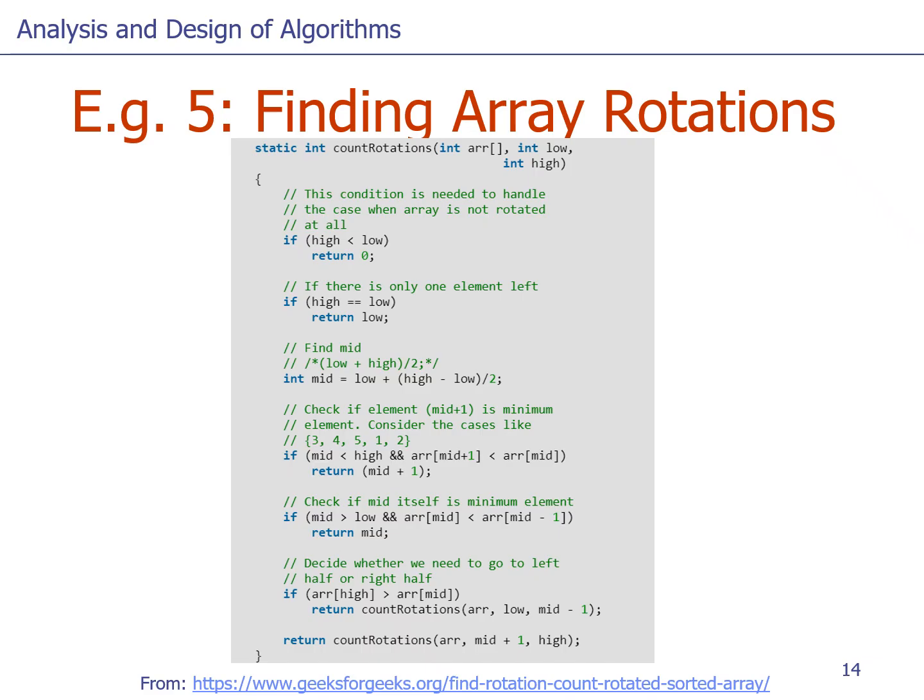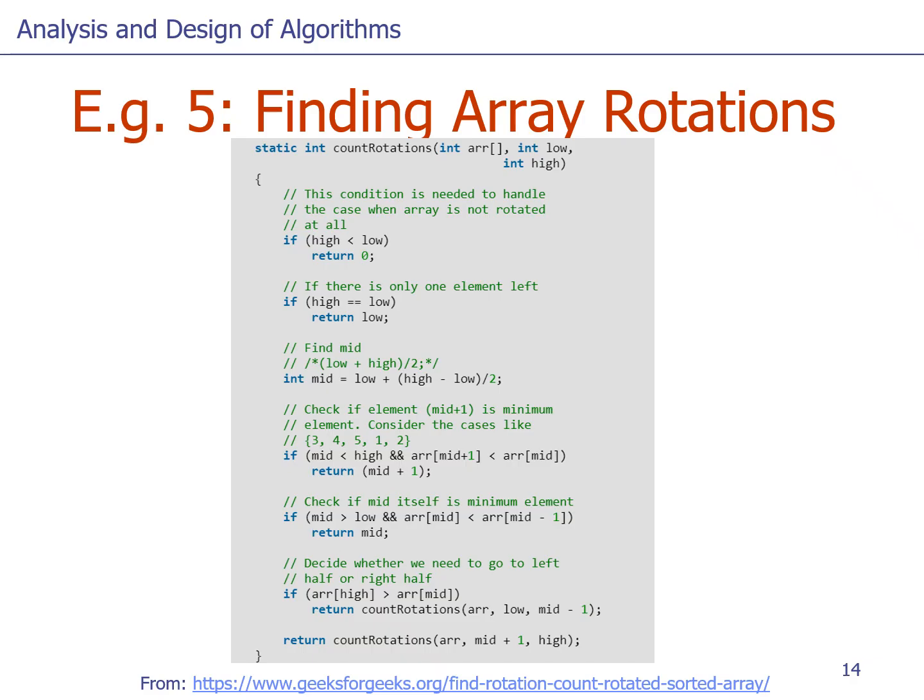Array of mid plus 1, which is 1, the smallest value in the array, is less than array of mid, which means 1 is less than 5. It is the case. Then I will return mid plus 1. I will return the index of the minimum, which is mid plus 1.